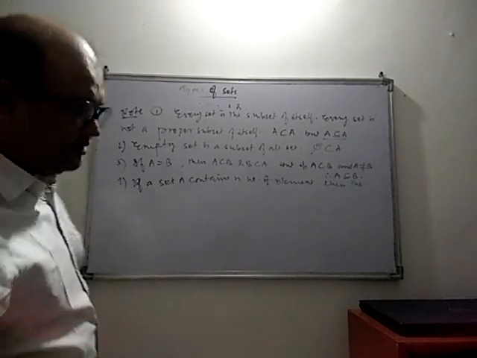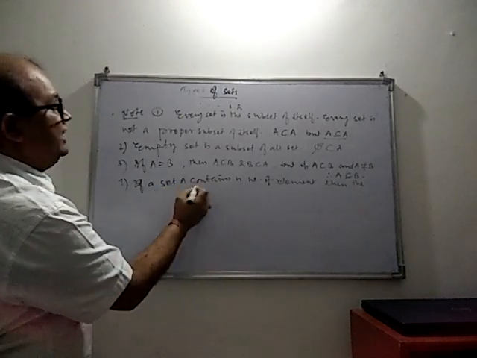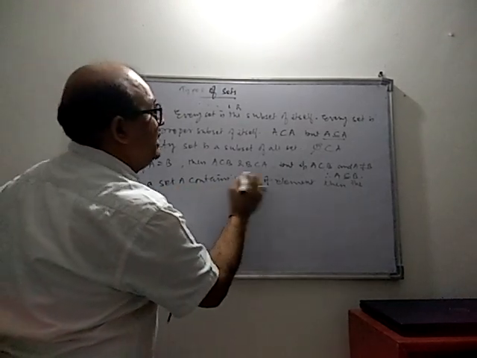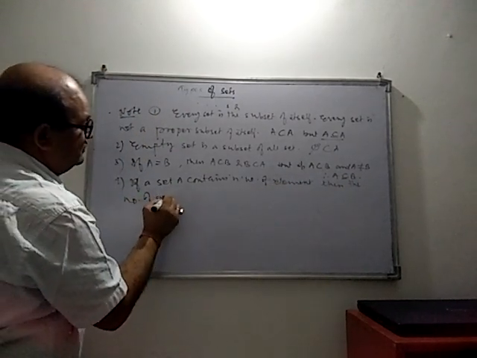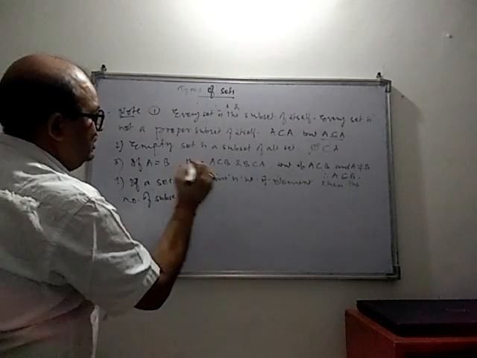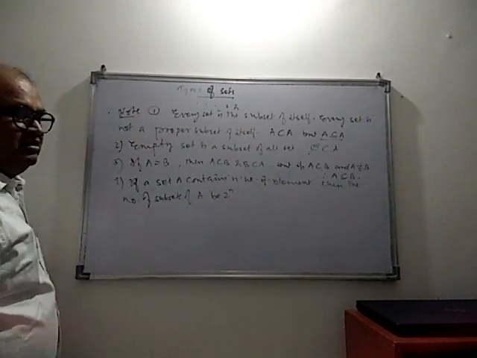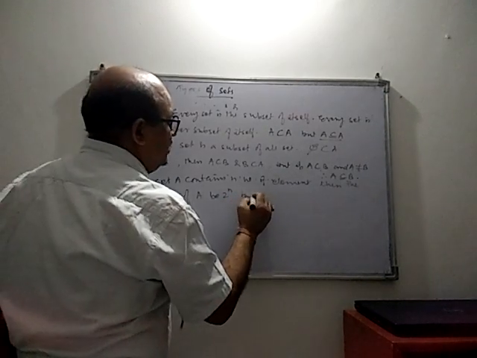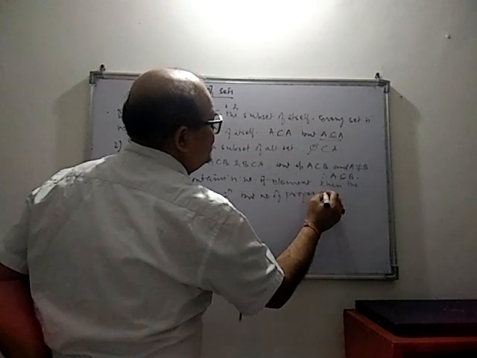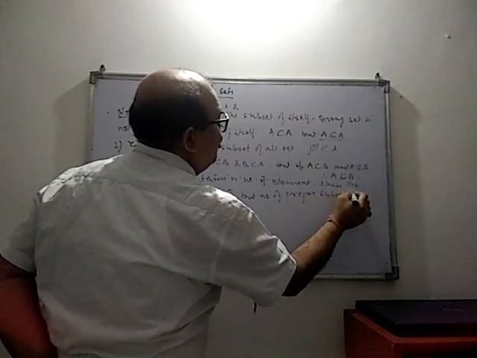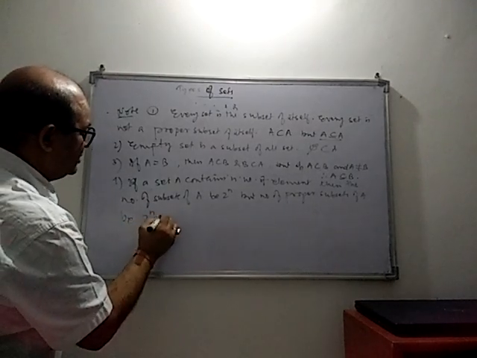But the number of proper subsets of A is 2 to the power n minus 1.